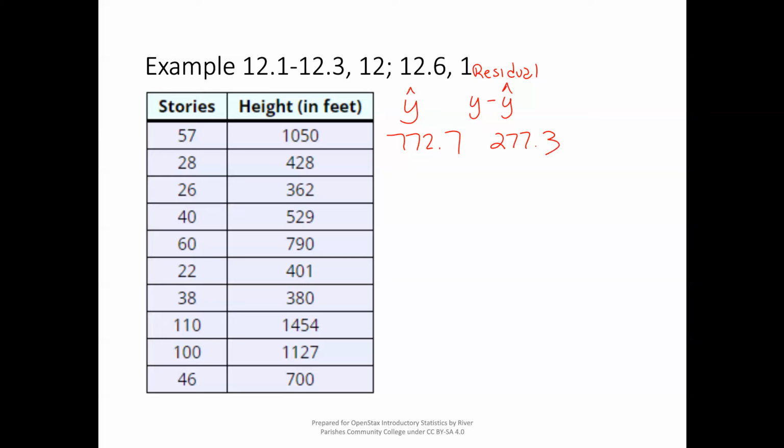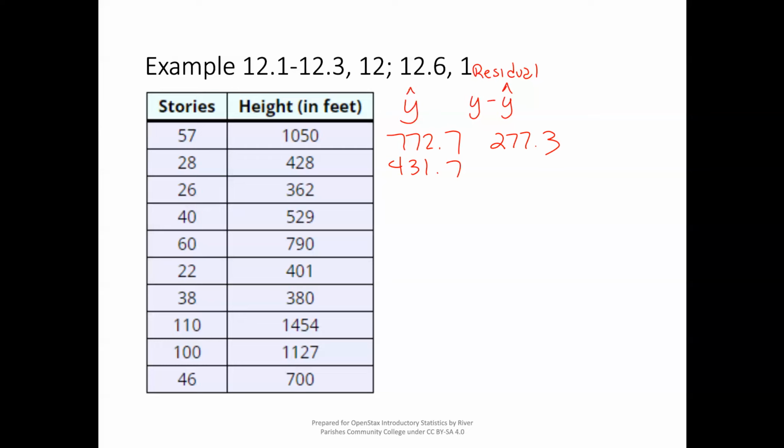So what is 28? I don't want to scroll through all that. So get out of here. Go to my calculate menu. Calculate the y hat for 28. Is that 431.7? So my residual is 428 minus 431.7.